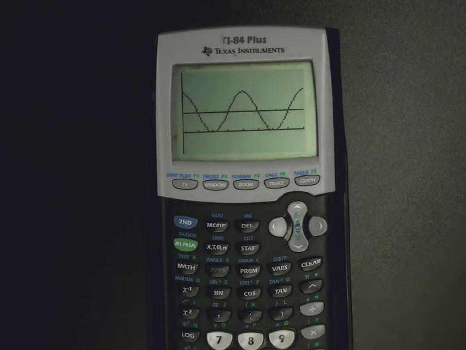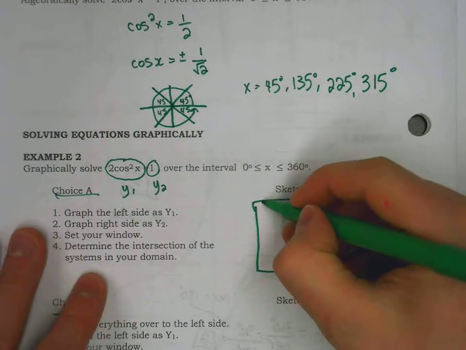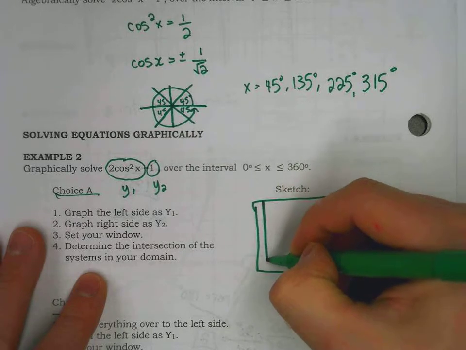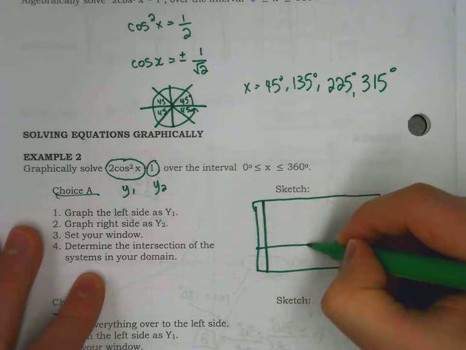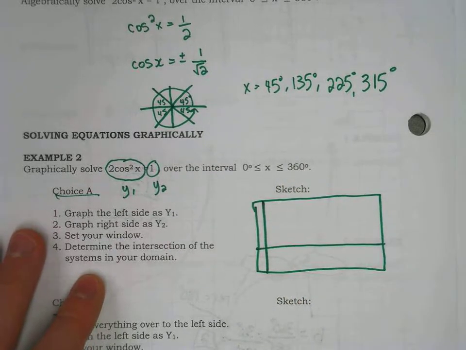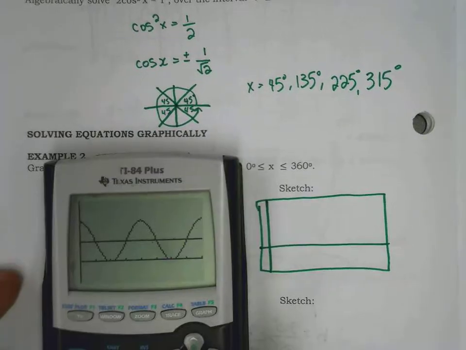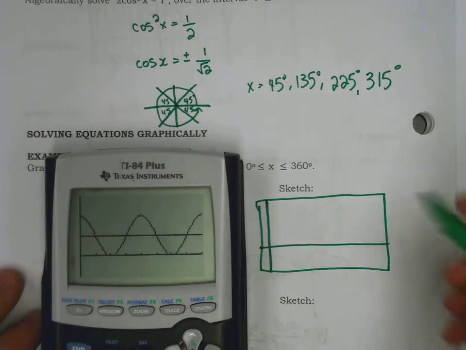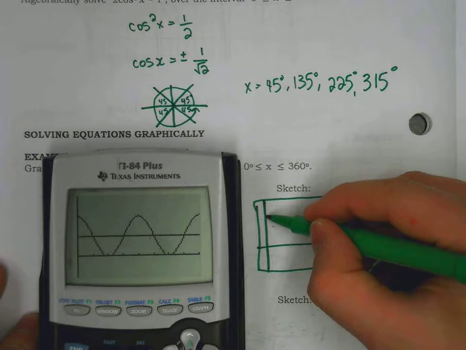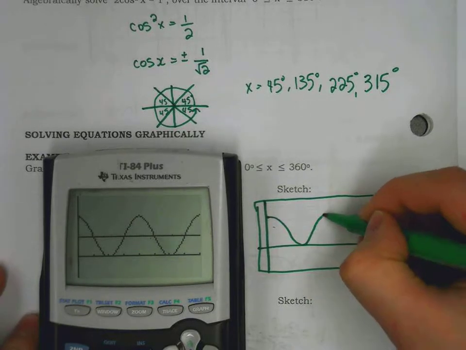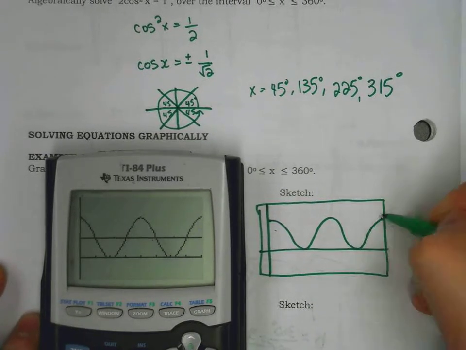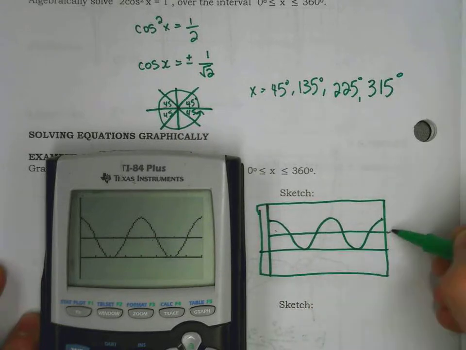So I'm going to sketch this on my grid here. I know that I had my axes there, and we're basically drawing as best we can what seems to be happening.